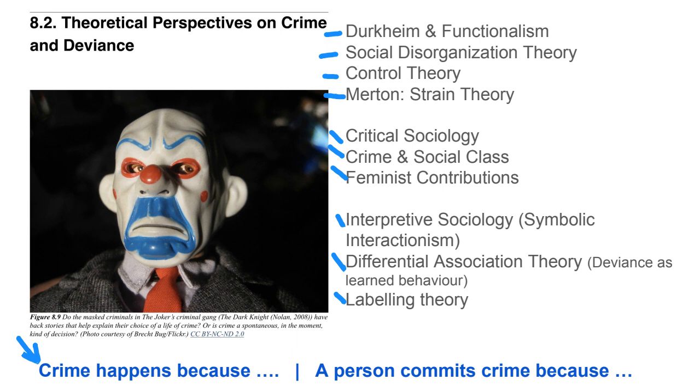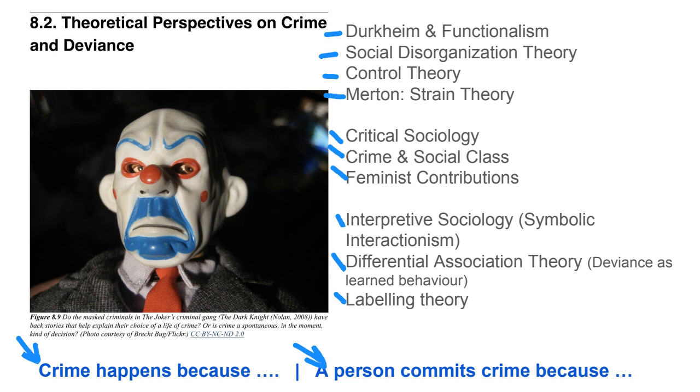In doing that, you can complete that sentence, crime happens because. You can also complete the sentence, a person commits crime because. Some of them you can only do one of these, given the explanation Little has. Others you can do both.